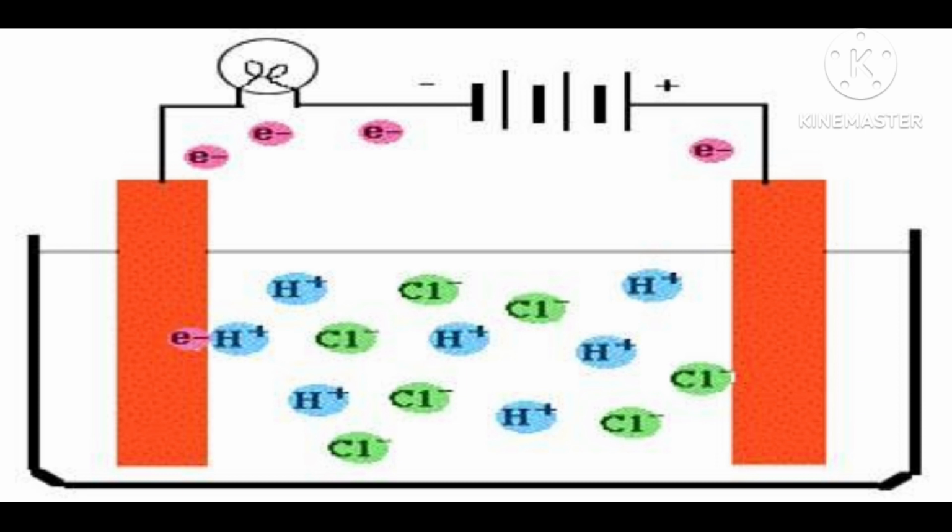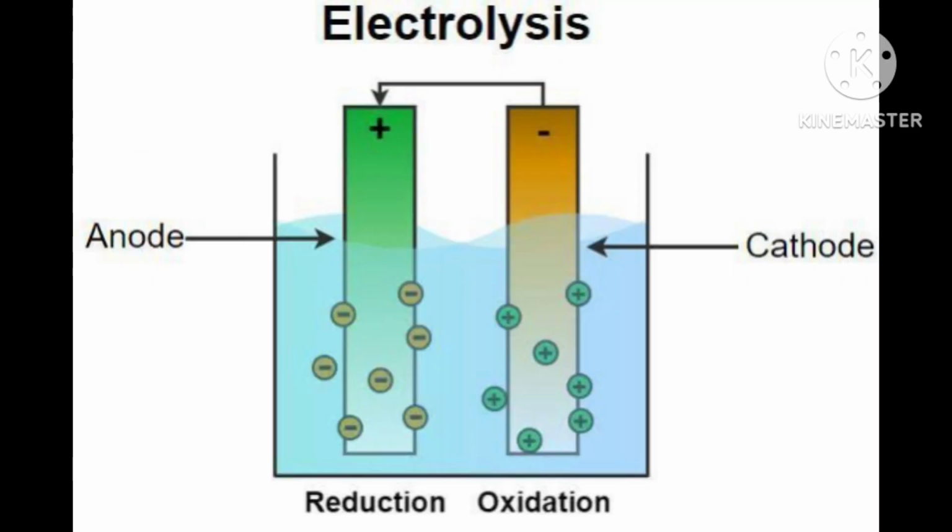Now R is directly proportional to L upon A, with small l divided by capital A. If you convert it into an equation, you have to multiply by a proportionality constant, rho.